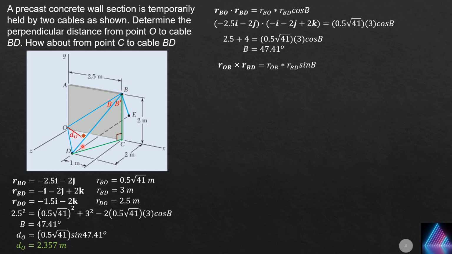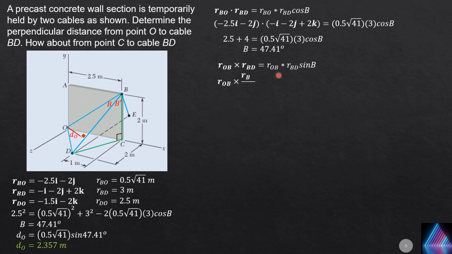It's like the moment of a force BD along BD with respect to O. And this is, by expansion, the magnitude of ROB, magnitude of RBD, sine of B. Remember that ROB sine of B is the distance, but since this is a vector, ROB sine B is the vector expression for DO.